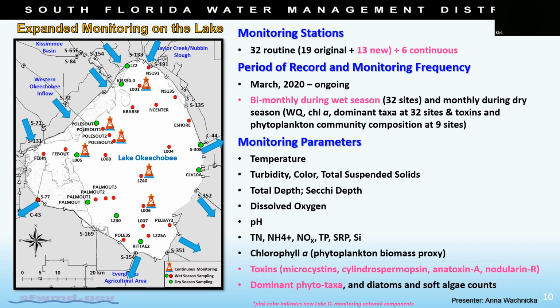The toxin analyses are done by FDP, while water quality and nutrient analyses are measured by the district. We also collect samples from these green sites. Those are the sites where we collect samples for phytoplankton analysis, which can be qualitative or quantitative. We also collect samples just for looking at the dominant taxa.